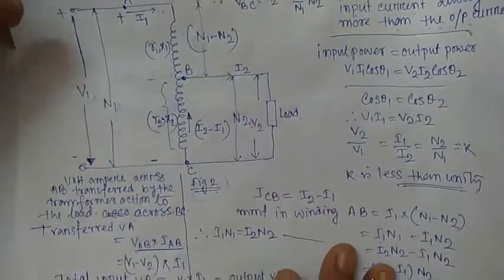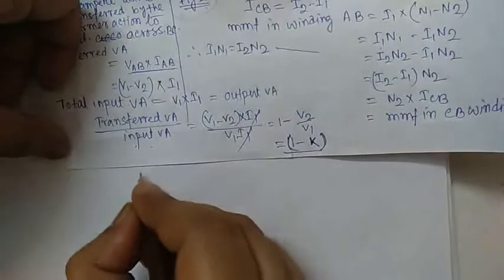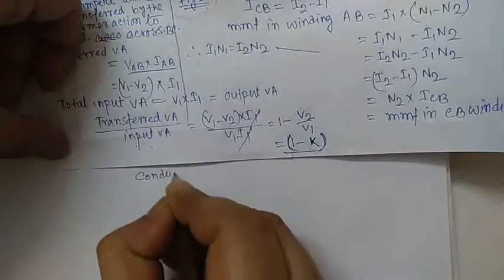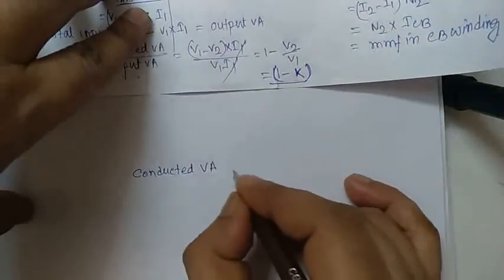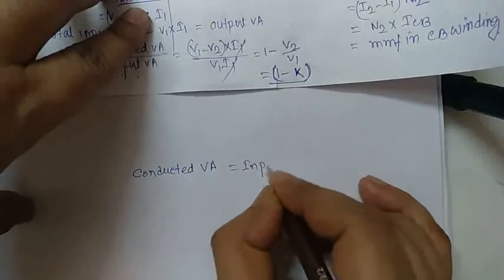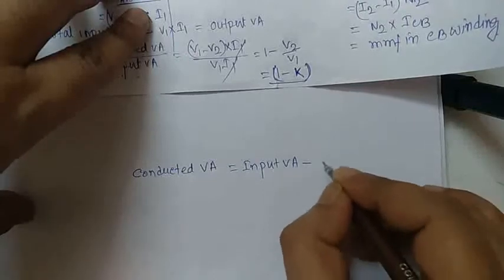So conducted VA is equal to input VA minus transfer VA.